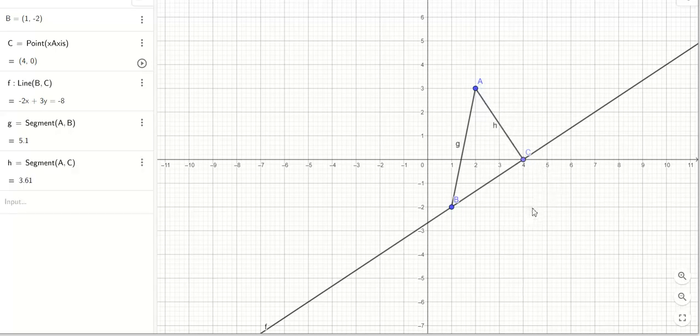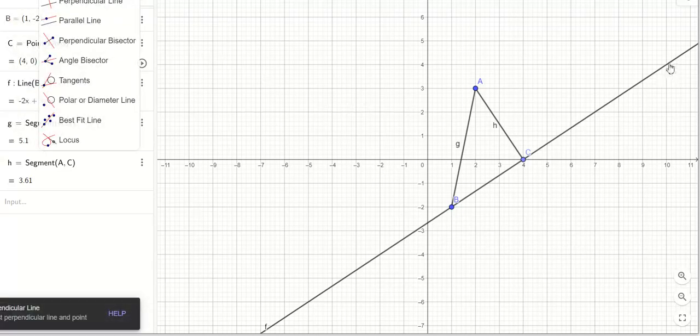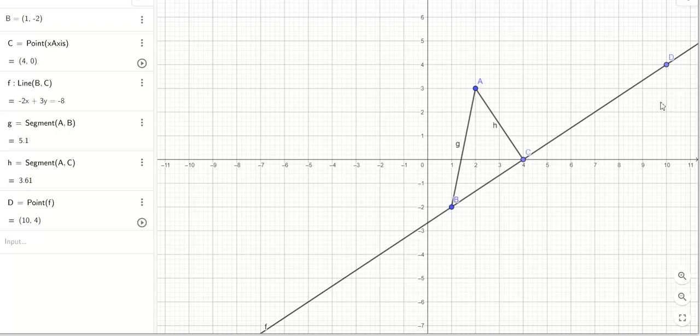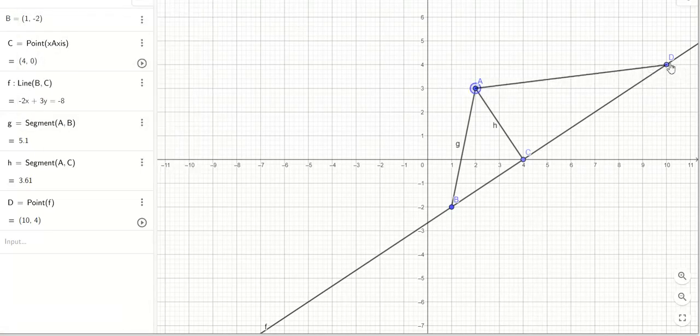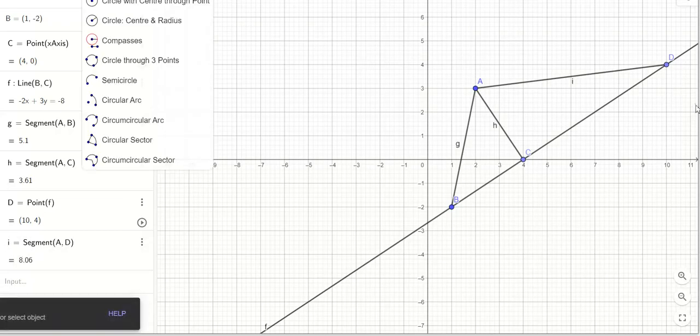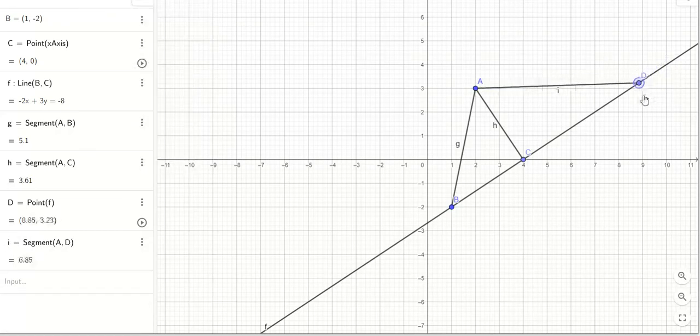Okay. Now I'm going to set up another point D, and the point D is going to have to be somewhere along this line. Do you see it? And this point D is on a slider, so I can move this point D anywhere I want. And see the way I can move it closer or further away.